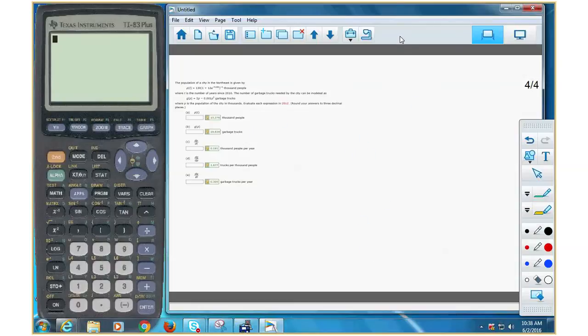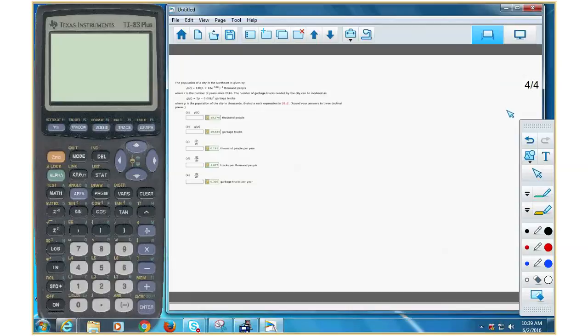So y'all are just going to get my voice today. So t equals 3, it says right here, t is equal to 3. I changed it because of 2013. So all these you're going to plug 3 into the formula.